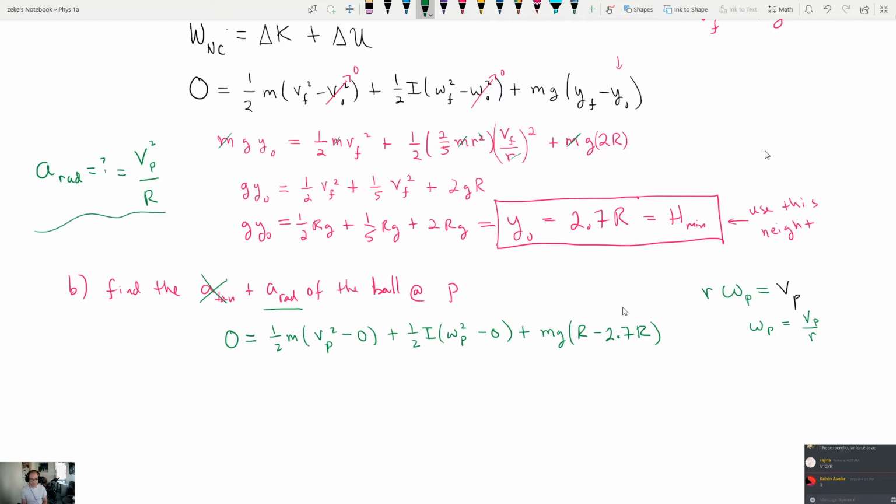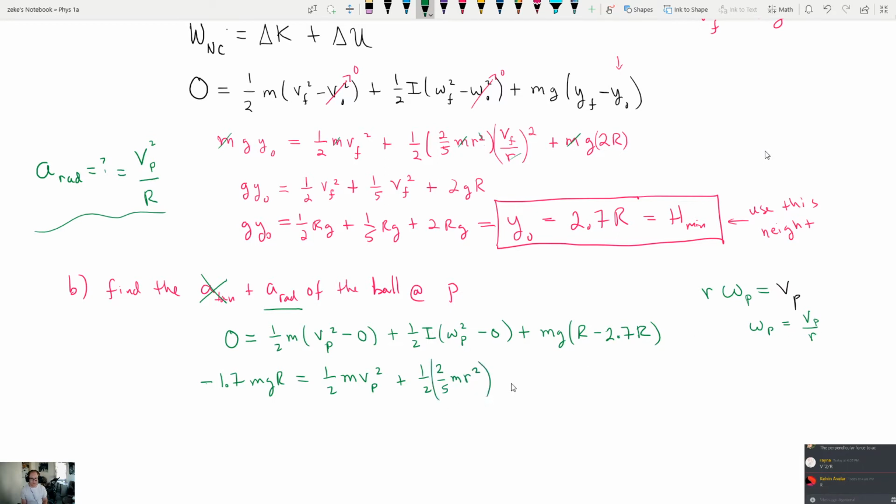Let's see, how do we want to do this? mg times r minus 2.7r is going to be negative 1.7 mgr. I'll put that over here. And then we have 1/2 m Vp squared plus the moment of inertia, again, is 2/5 little m times the radius squared.